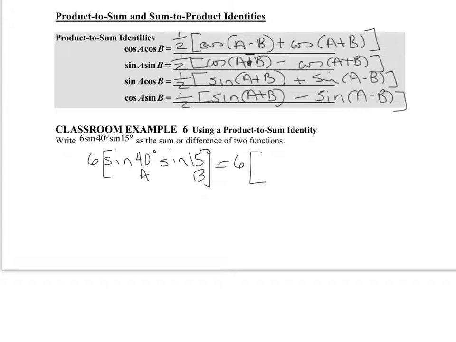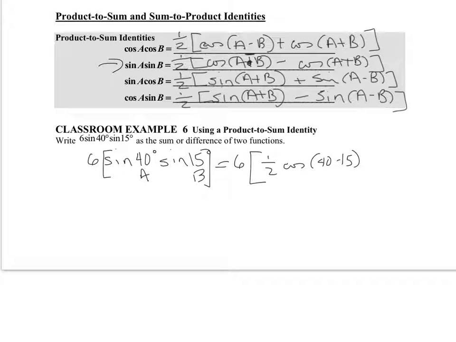So if I've got sine A, sine B, and I look up here, I need to use this, don't I? So tell me what to write down. Cosine A plus B. Before I do that, I better write 1/2. And then I'll have cosine of, is it A plus B or A minus B? A minus B. So 40 minus 15.